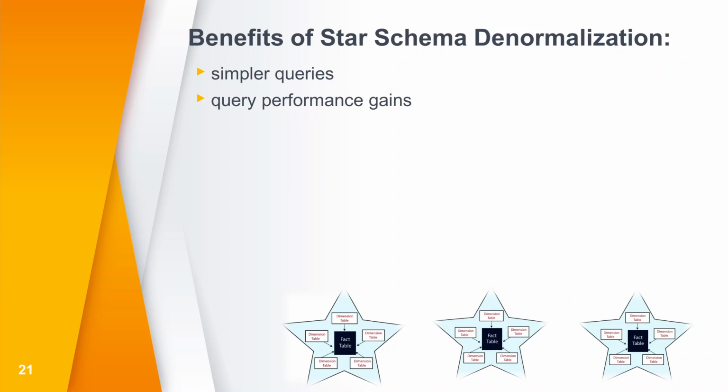Query performance gain is another benefit of star schema denormalization. This simply means the star schema provides a performance enhancement for read-only reporting applications, compared to the highly normalized tables that we use in our traditional transaction processing systems.